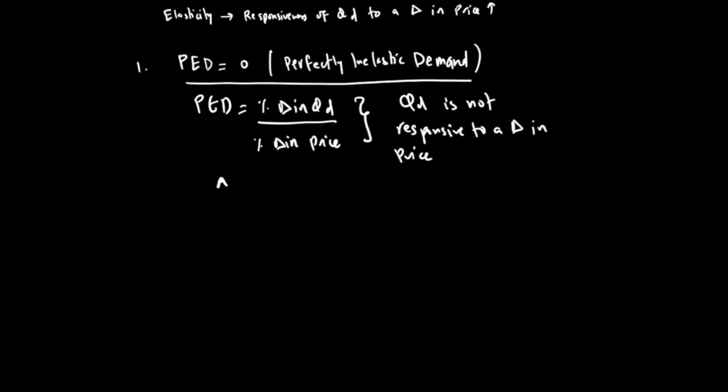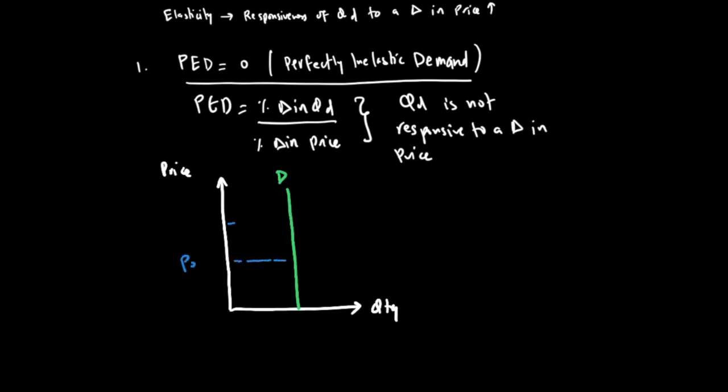And that's why the demand curve is not a downward sloping demand curve for such a good. In fact, when we draw a demand curve for a perfectly inelastic good, it's completely vertical. This is my demand curve. Where, look at this, guys, even if the price is going up, you are not seeing quantity demanded change.